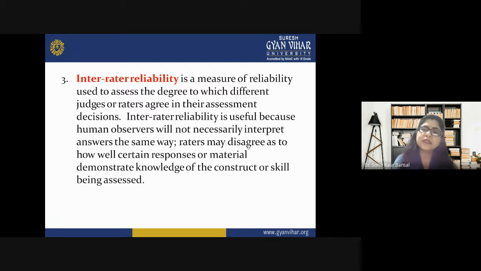Inter-rater reliability is very useful, students, because human observers will not necessarily interpret answers in the same way. Raters may disagree as to how well certain responses or material demonstrate knowledge of the construct or skill being assessed. So this is called inter-rater reliability, which is based upon the ratings given by different judges or raters.